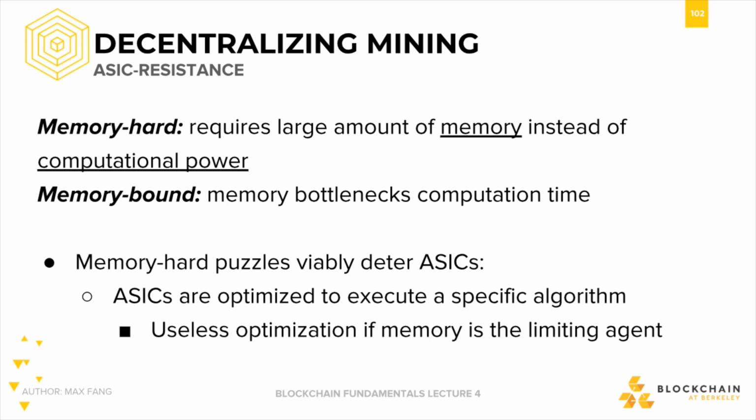If we define something called memory hard, where a memory hard puzzle requires a large amount of memory instead of computational power, ASICs will run into this memory bound problem where they don't have enough memory, they fail on these problems, and voila, you have a memory hard puzzle that's ASIC resistant. There has been evidence that memory hard puzzles deter ASICs. ASICs, again, are optimized for specific calculations, and they're not so good if memory is the limiting agent.